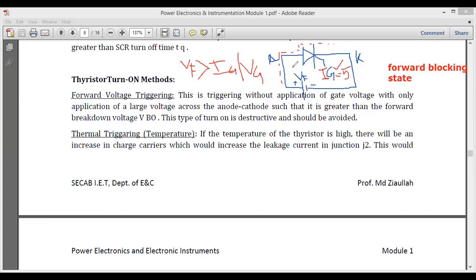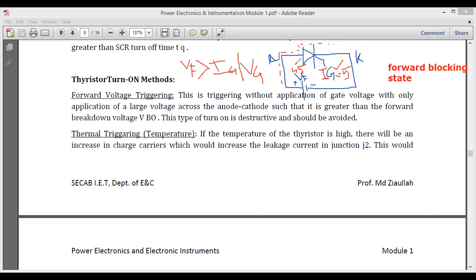For example, if the forward voltage I apply is 4.5 volts, it will not turn on my thyristor, my SCR, because unless I apply sufficient gate current, it will not allow the flow of charge.